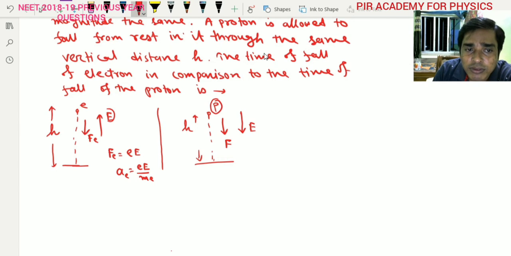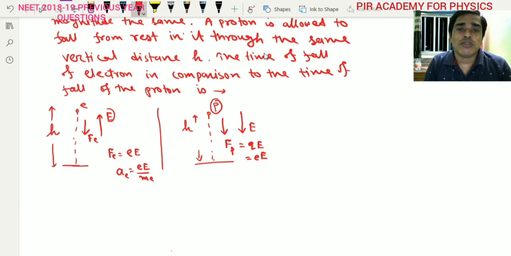So the electric force experienced by the proton is qE, the charge is the same, e. So the acceleration of the proton is eE divided by m of proton.